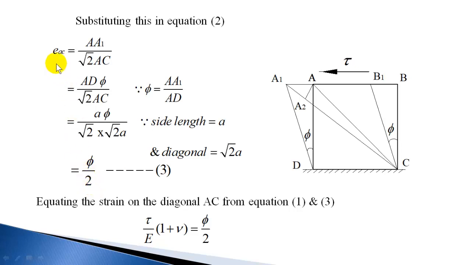So you are getting the strain on the diagonal as phi by 2. So it's a linear strain on the diagonal AC equal to the shear strain divided by 2, where phi is the shear strain.